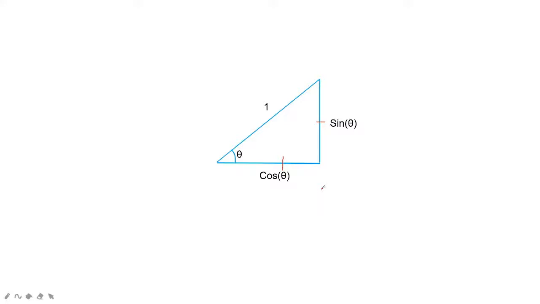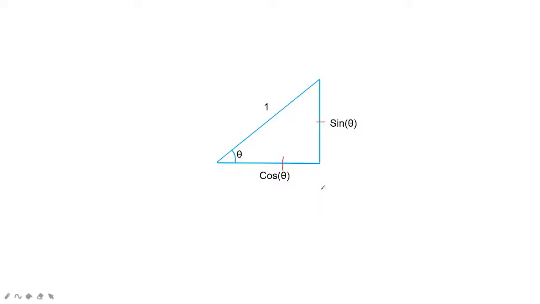Now we all have learned about Pythagoras theorem. Right, all of you know Pythagoras theorem. What does Pythagoras theorem say? In a right triangle, the sum of the squares of two sides is equal to the square of the hypotenuse.